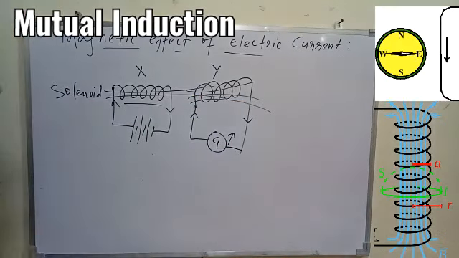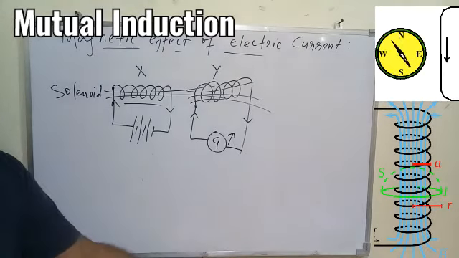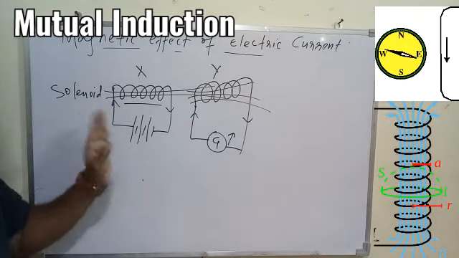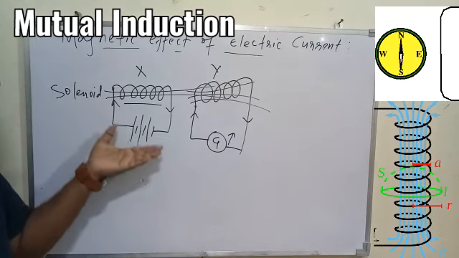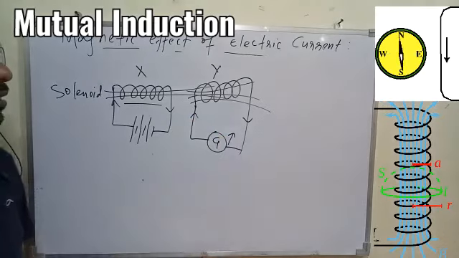So this is what we are going to discuss now: we have two different coils, one connected with a galvanometer in which we will have the induced current, and one connected with a power supply, a battery, such that this coil can behave as a magnet when the current flows. Because of coil X, Y can have an induced current.